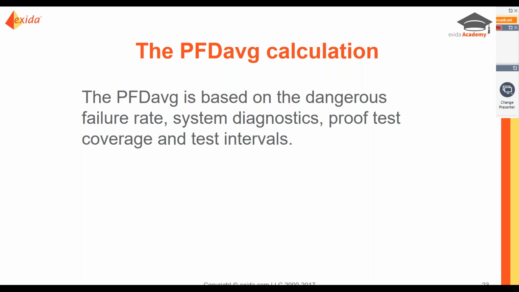Because there are so many variables going into the Pfd average calculation, such as things that you control as an end user, such as mission time or your proof test, your maintenance, there are so many things that they would have to assume values for in the calculation, it's not going to be relevant for your exact system.